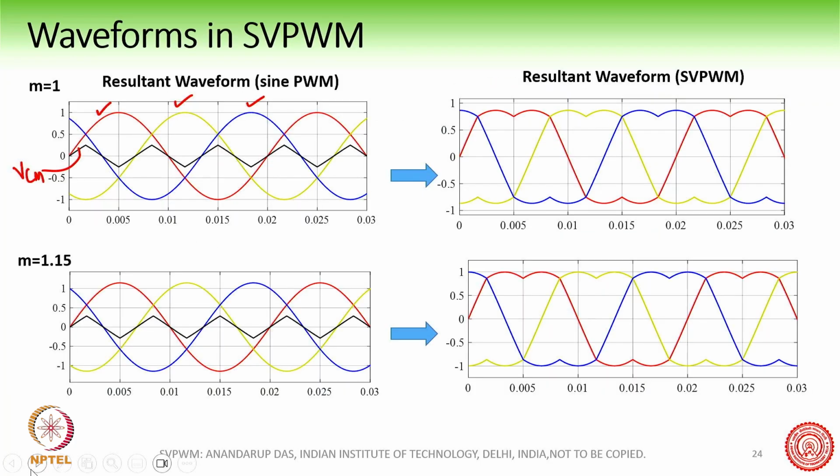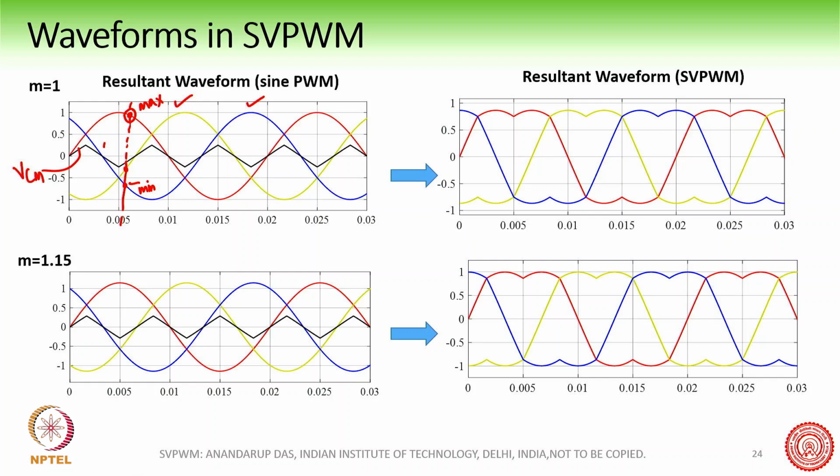What is this? Let us take one instant of time here. At this time instant, this is the maximum, this is the middle one, and this is the minimum.